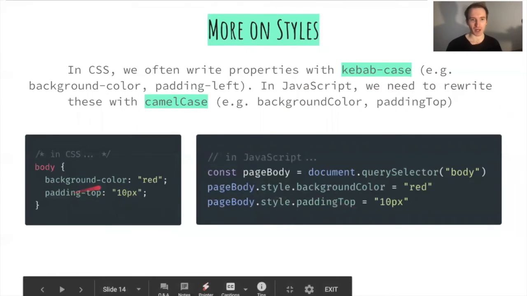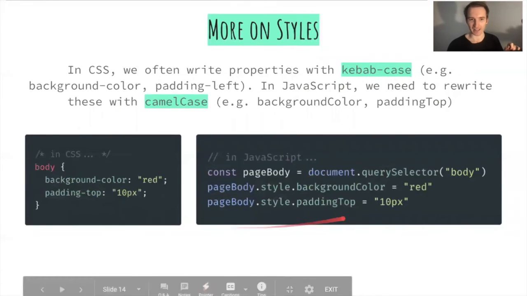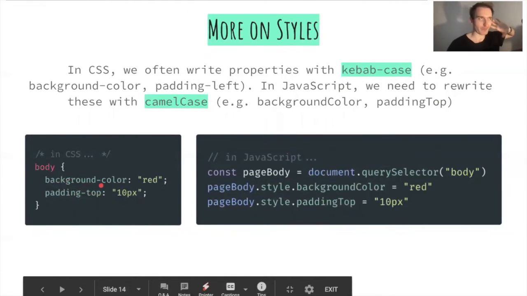In JavaScript, you can't have a dash in a variable name, so JavaScript will give you an error if you try to do this. So in JavaScript, if you want to set a particular property in CSS that has two or more words, we need to convert from kebab case to camel case. In this example, let's say we want to set background color and then padding top.